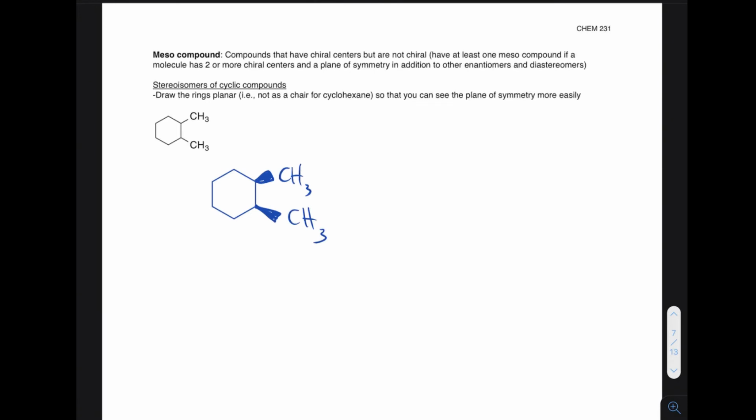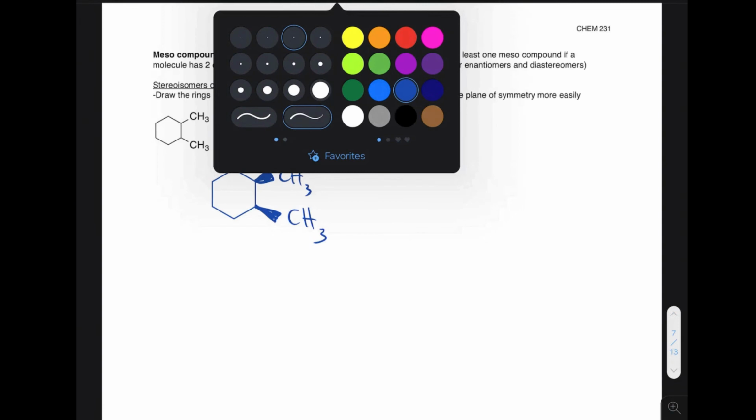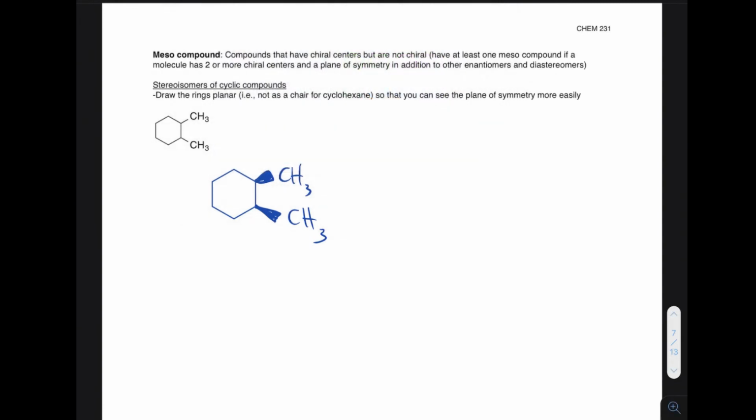We can see this is a chiral center because we have a hydrogen on the dash, a methyl group on the wedge, and one portion of the ring is different than the other portion, because this carbon is bonded to 1 carbon and 2 hydrogens, and this carbon is bonded to 2 carbons and 1 hydrogen. So this is a chiral center, but it is a meso compound because there's a plane of symmetry down the center of this molecule.